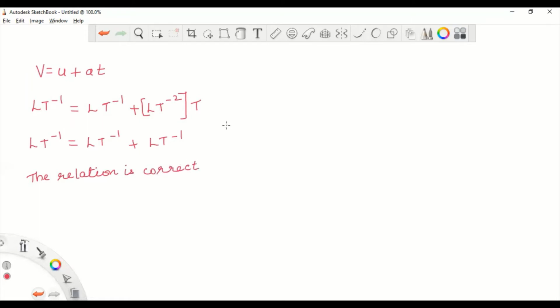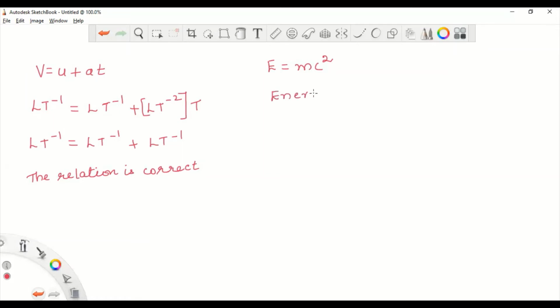We will do one more problem here. One more example, children. All of you are familiar with this equation, that is Einstein mass energy relation. E is equal to mc square. Okay. So, let us do this. What is the dimensional formula of energy? First, let me write here.